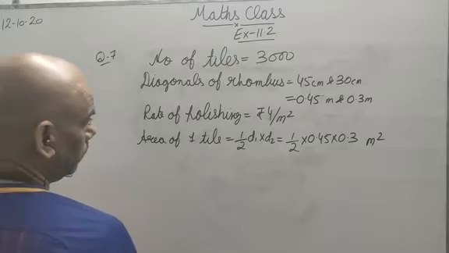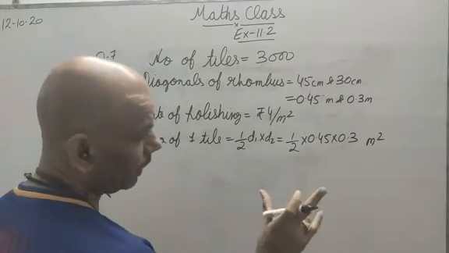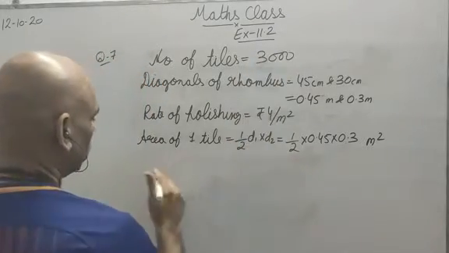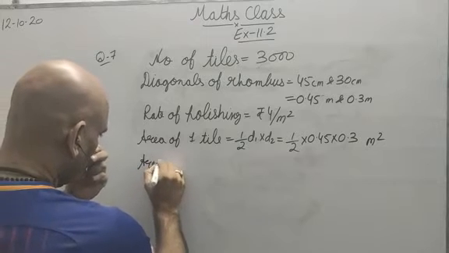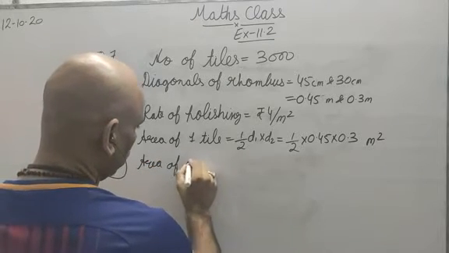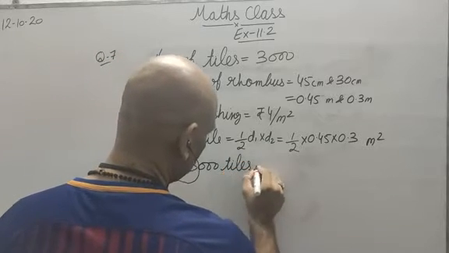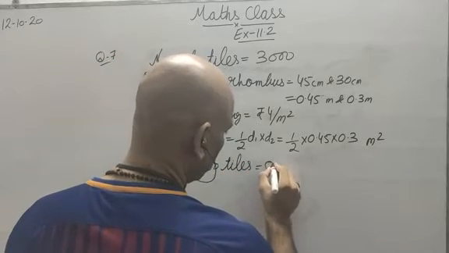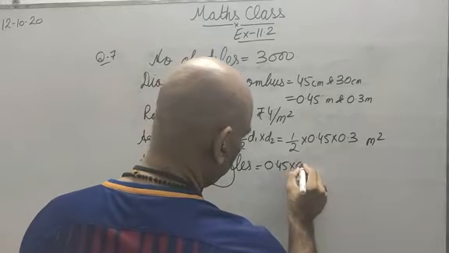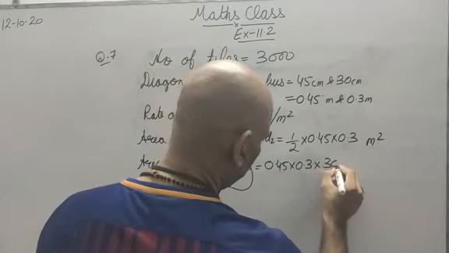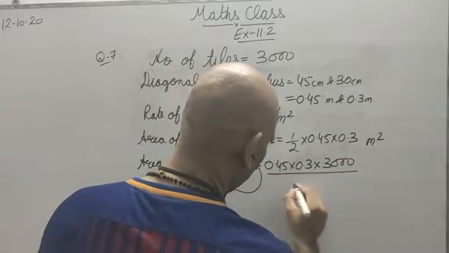This is the area of one tile. How many tiles are there? 3000. So the area of 3000 tiles is equal to 0.45 into 0.3 into 3000 upon 2.